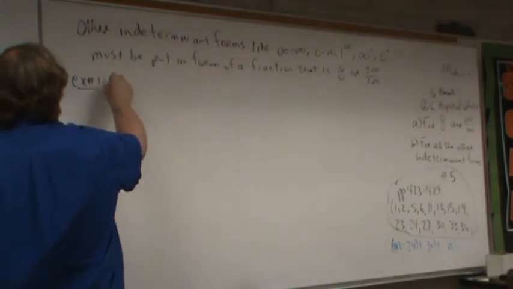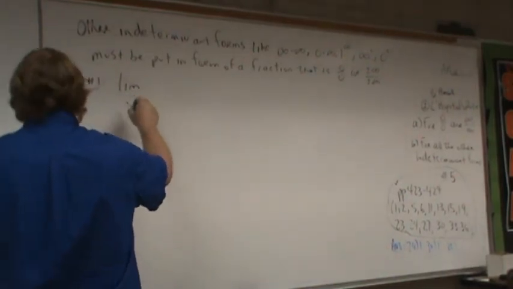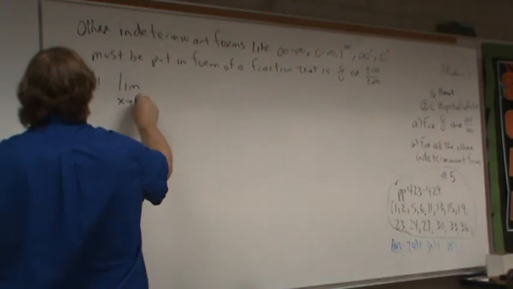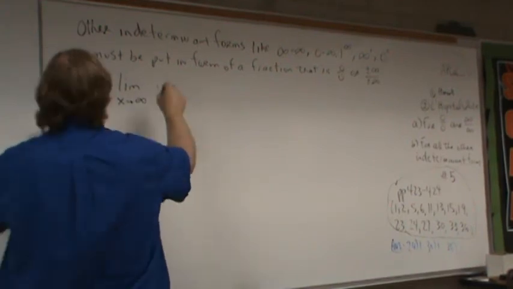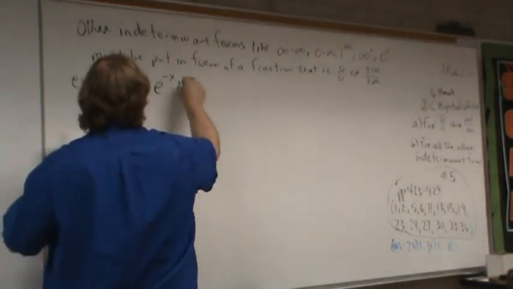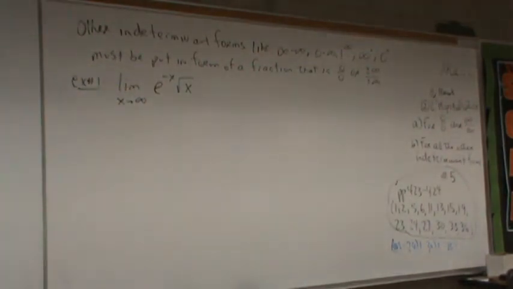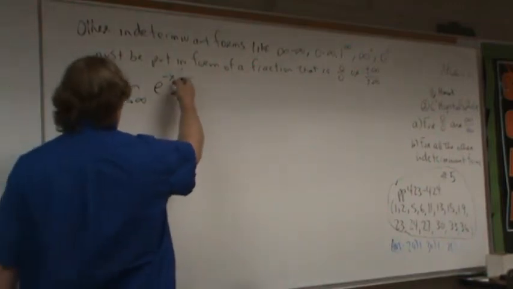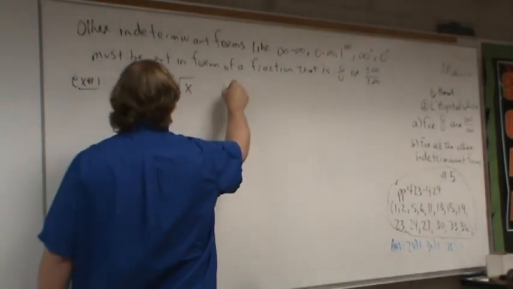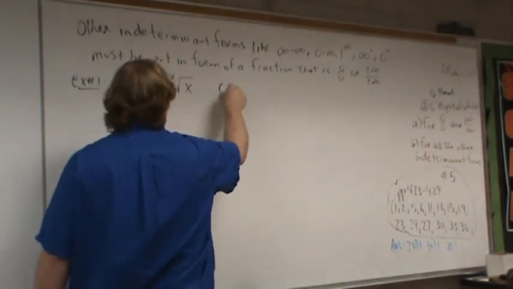Example number 1. Limit as x approaches infinity of e to the negative x times rad x. As x goes to infinity, do you see that e to the negative infinity is 0?